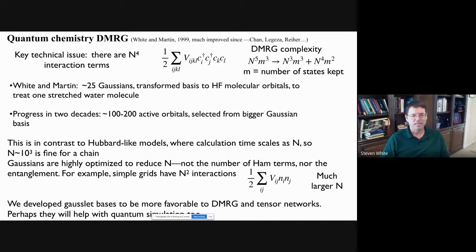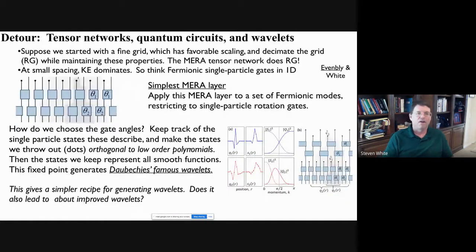And that's not a given, because if you just look at a simple grid, simple grids have N squared interactions, although you'll need a much larger N. So we've developed gausslet bases to try to reach an optimal point that's more favorable to DMRG in terms of the number of terms, and also with the idea that this could apply to tensor network methods such as PEPS. At the same time, they could offer advantages for quantum simulations. Okay, let me take a little detour into something with wavelets.